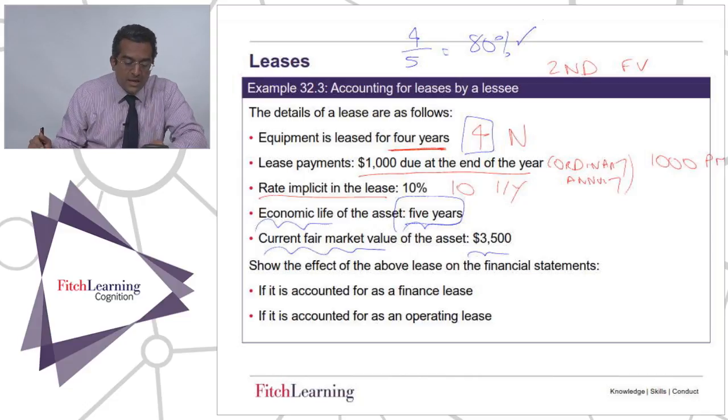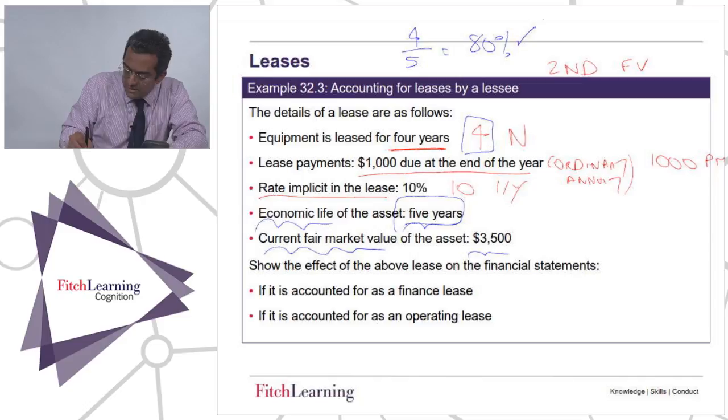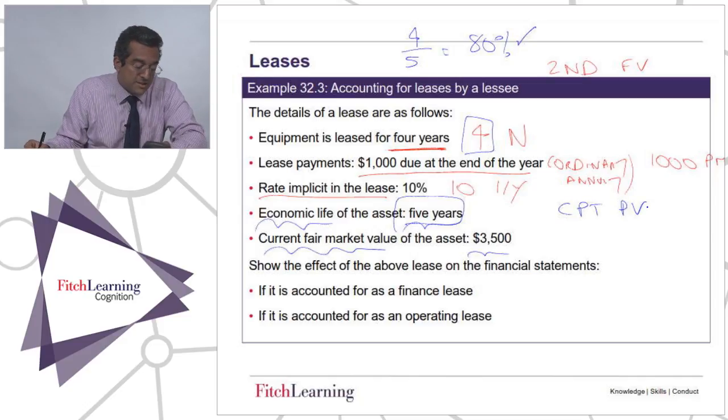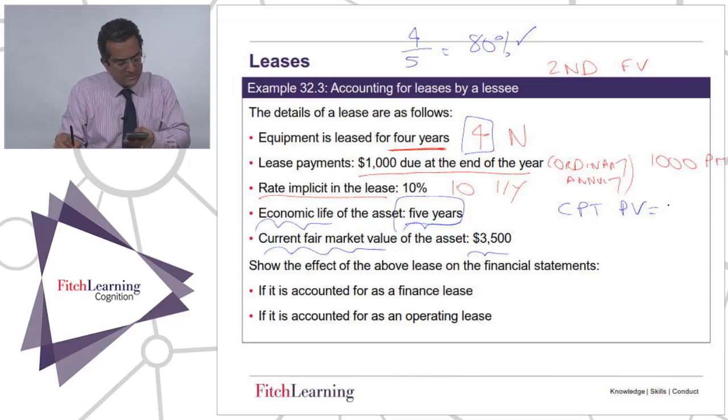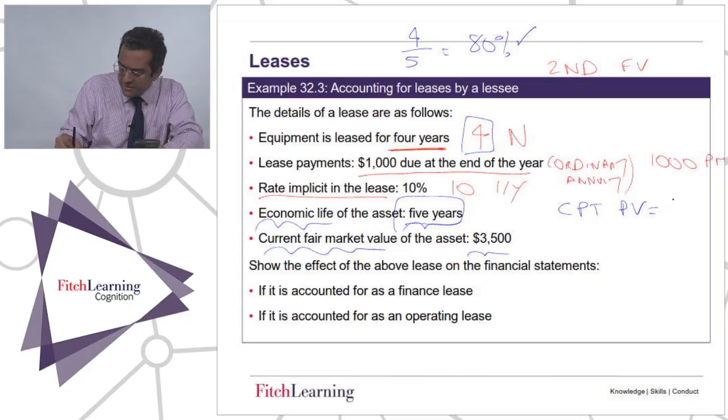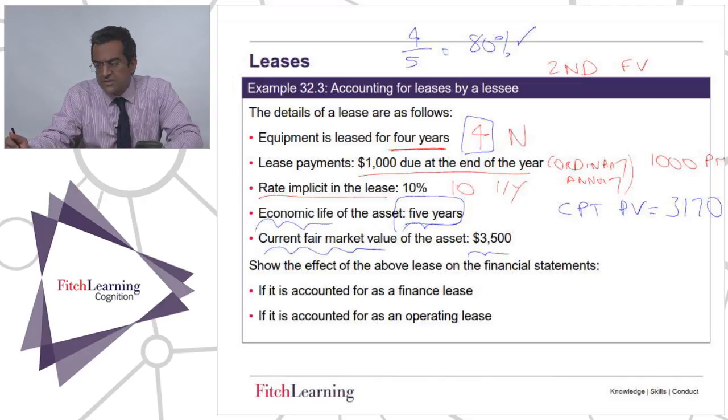Now, if I ask you to compute the present value of these annuities, compute PV, the present value of the four $1,000 payments, should we say roughly, everybody, 3,170? 3,170.